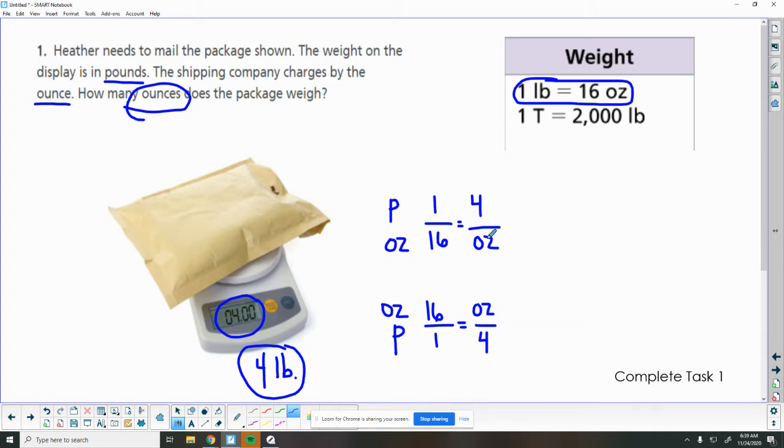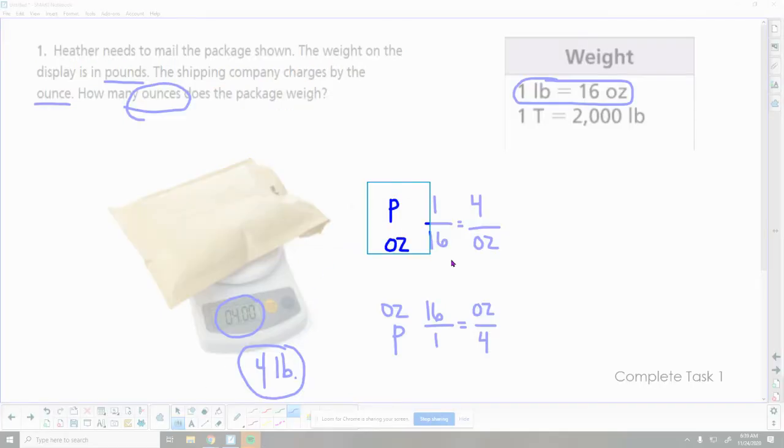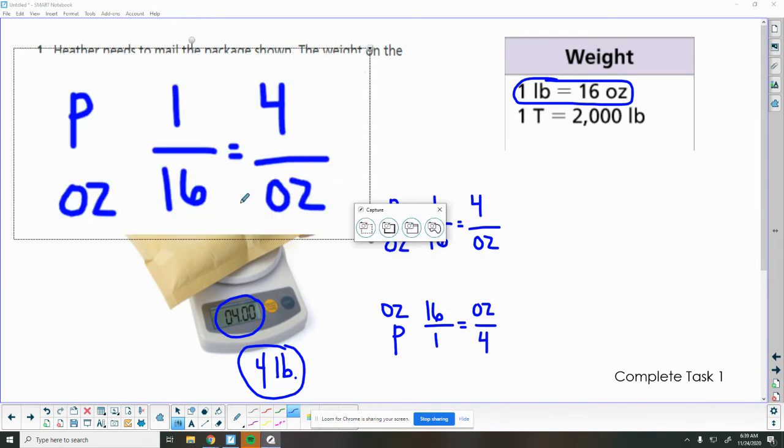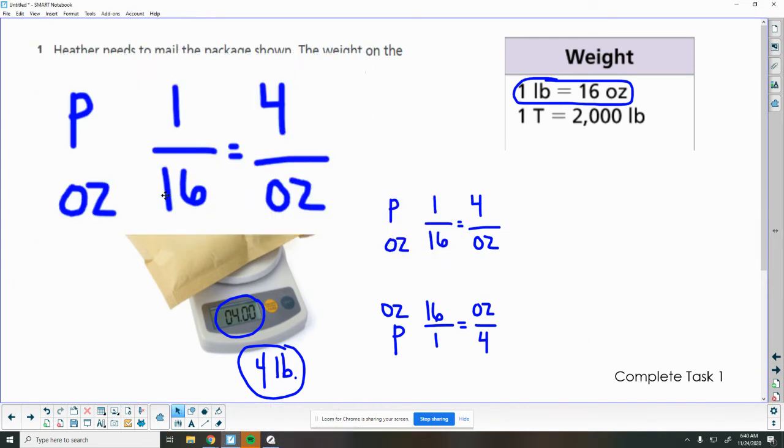When we do that, let's take a deeper look at this problem really quick. Let me pull this problem up and add that to a new page really quick.